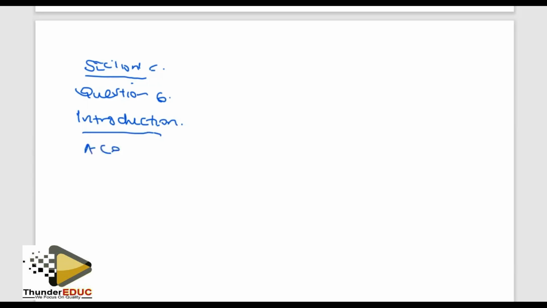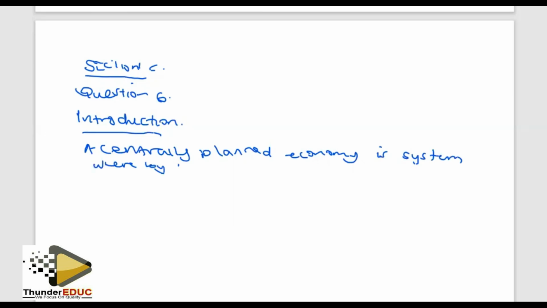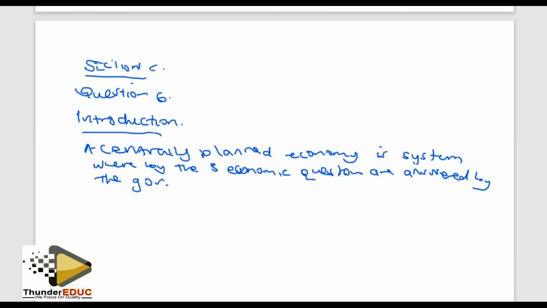Say a central planned economy is an economic system whereby the 3 economic questions are answered by the government. Answered by the government.